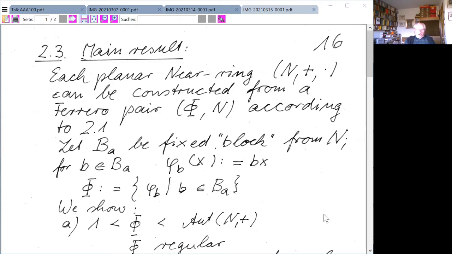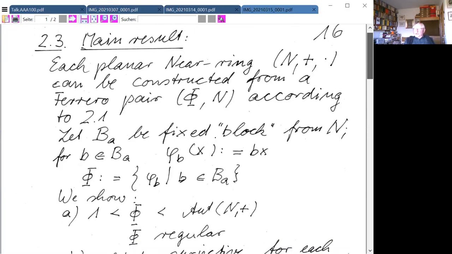And in 2.2 we listed a few properties of planar nearrings. In Clay's book, all these observations are listed under the fundamental theorem on the structure of planar nearrings.